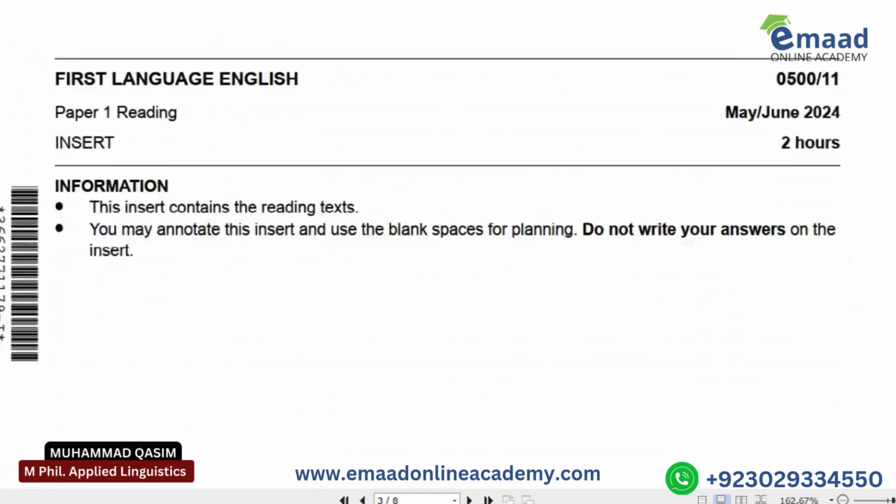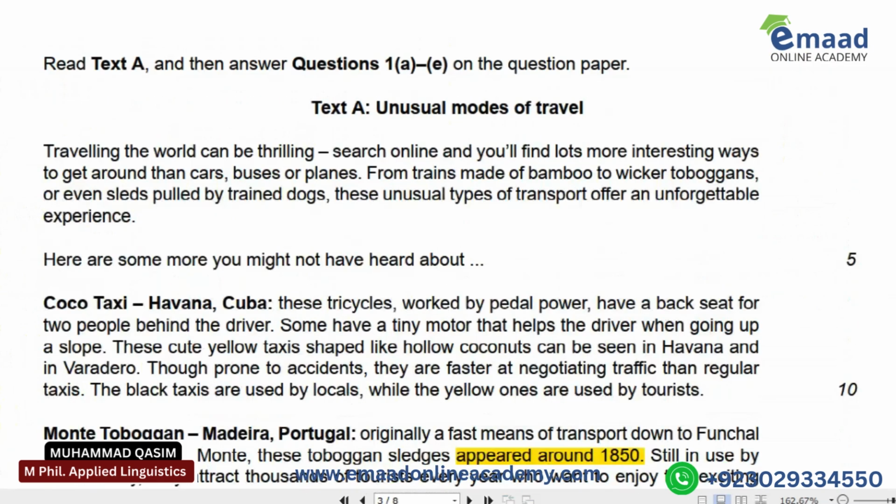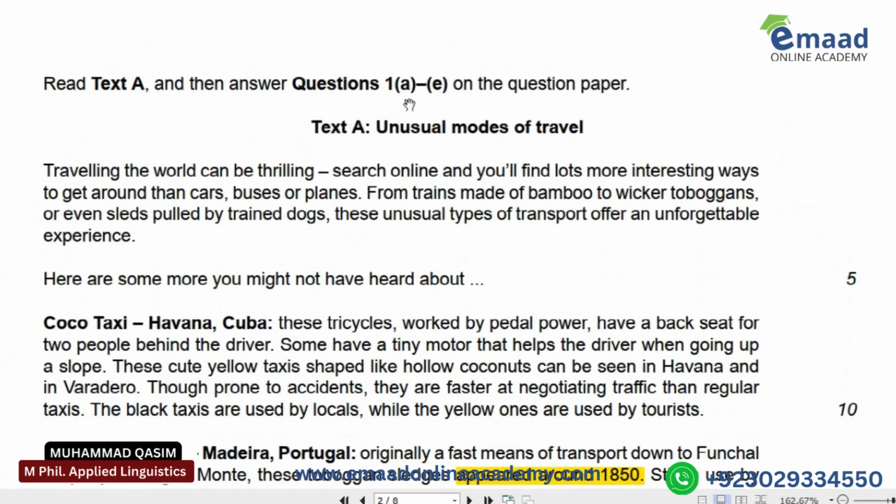Here is the reading insert that contains three texts, A, B and C. All the components from A to E are based on text A. The length of text A and text B would be between 700 and 750 words, but text C will be shorter, with around 550 to 650 words. So texts A and B will be longer than text C.